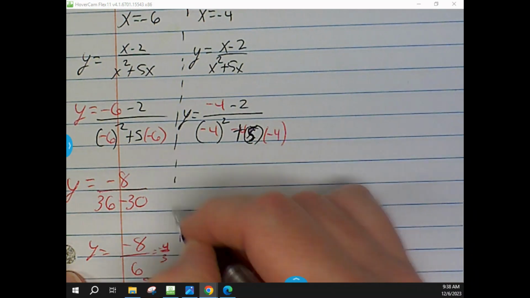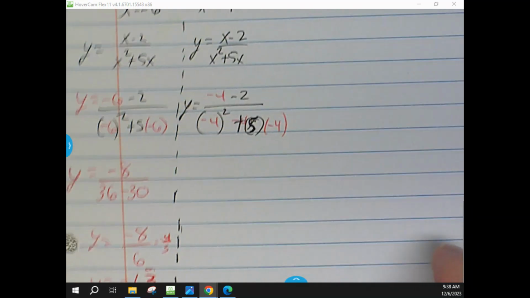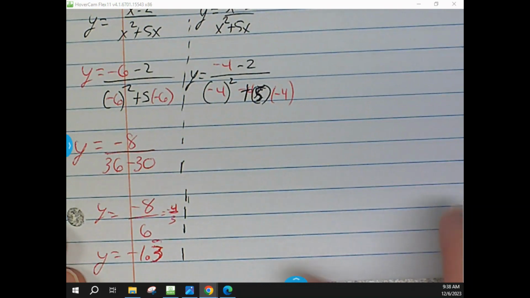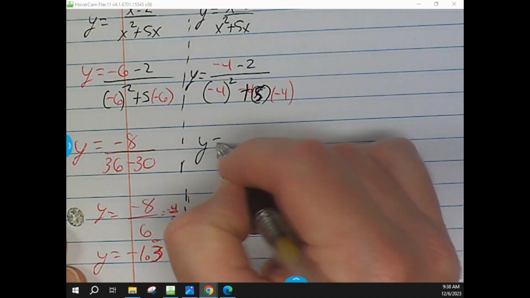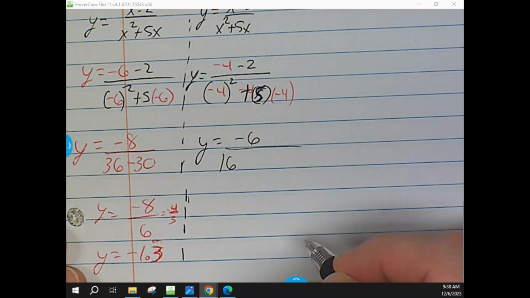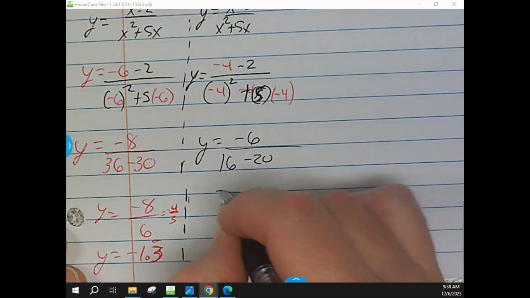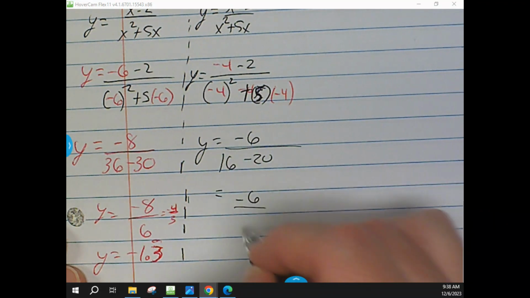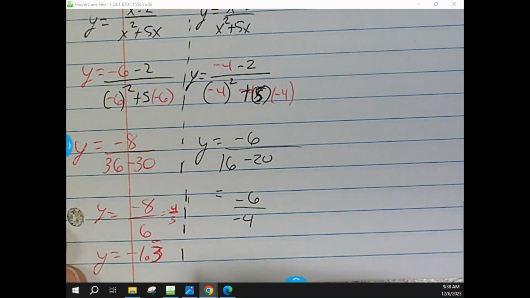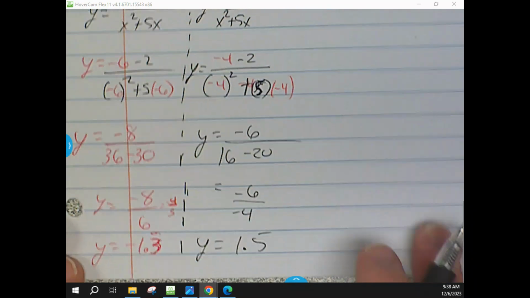If you're asking if there's a shortcut, not really. You always have to do some test points on this one. So -4 minus 2 is -6. -4 squared is 16. 5 times -4 is -20. That's -6 over -4, so that's a positive 1.5.